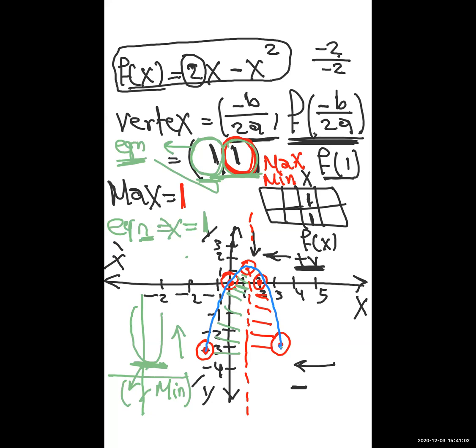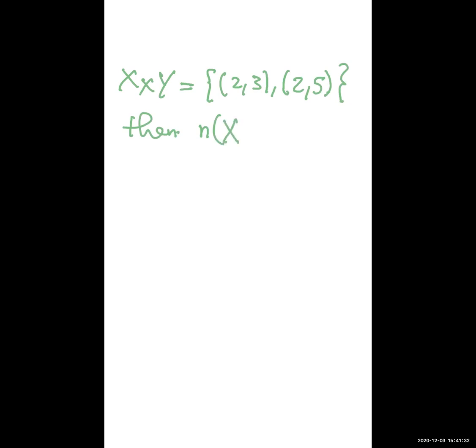The first question, I will clear the board. Choose the correct answer from those given. If x cross y equals the set of (2, 3) and (2, 5), then the number of elements of x equals. How to solve this one, guys?